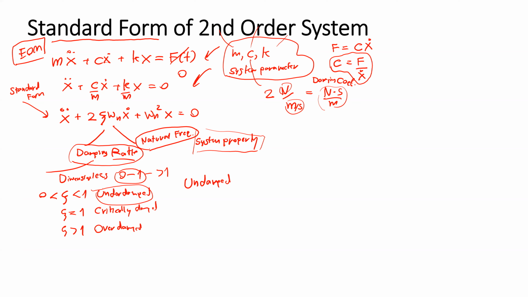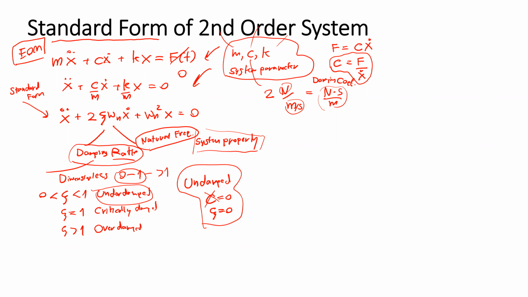Undamped means you don't have C in the system. Of course, for undamped, C is 0 and the damping ratio is 0.